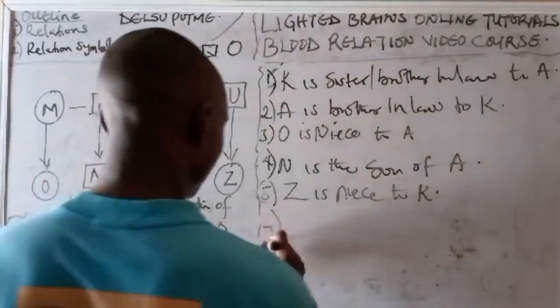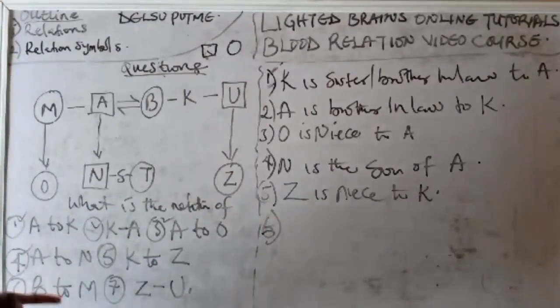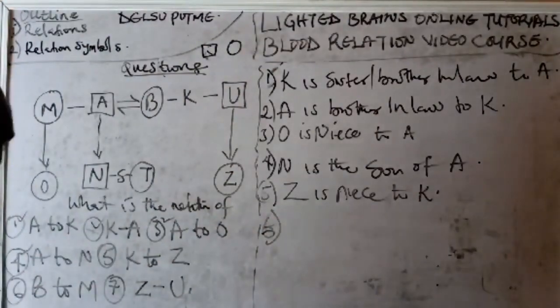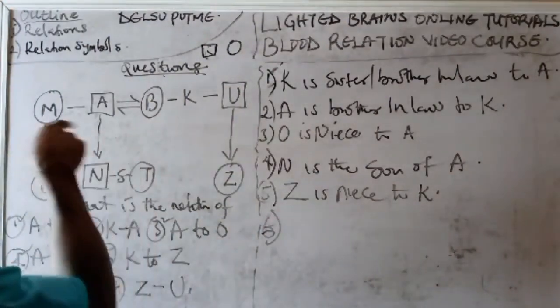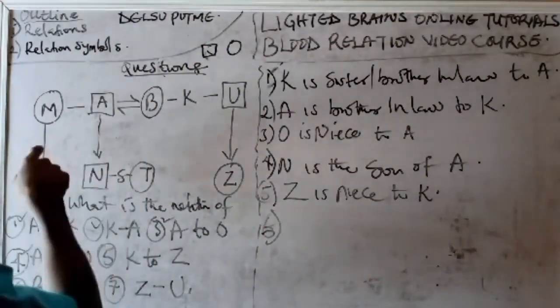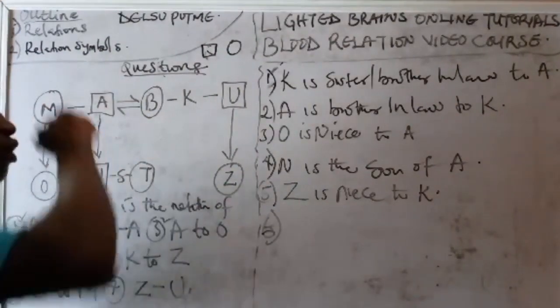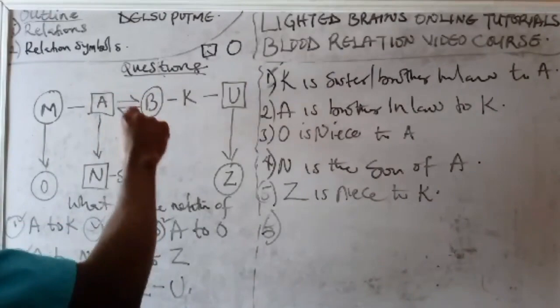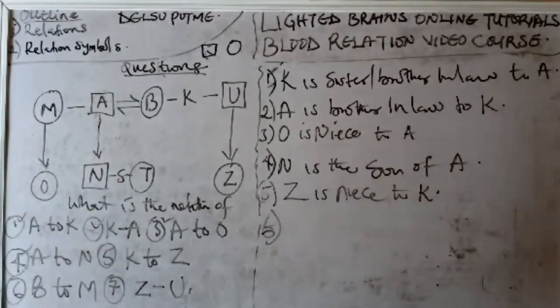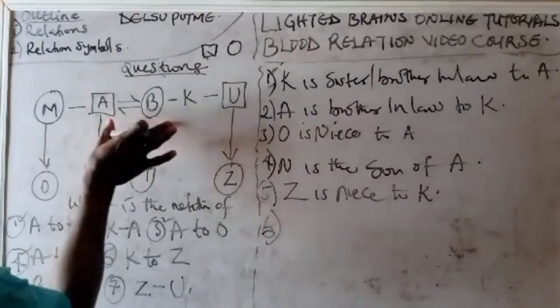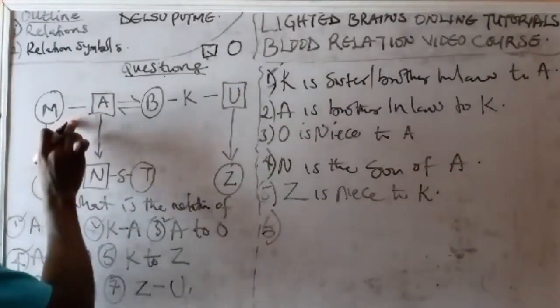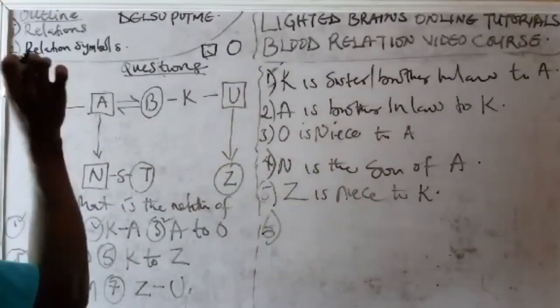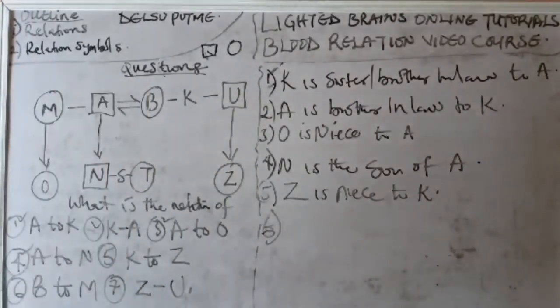So number 6, we have B to M. B to M means what? From B to M, what can we call M? Since these people are married and this A has a sister, we can call M sister-in-law to this girl.